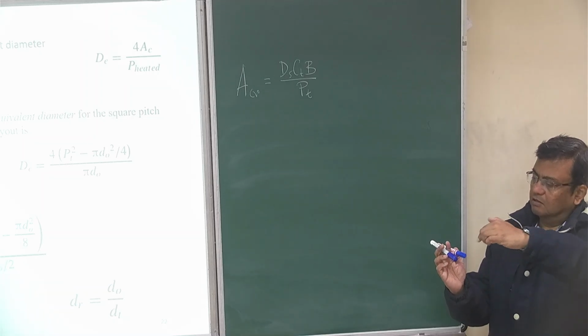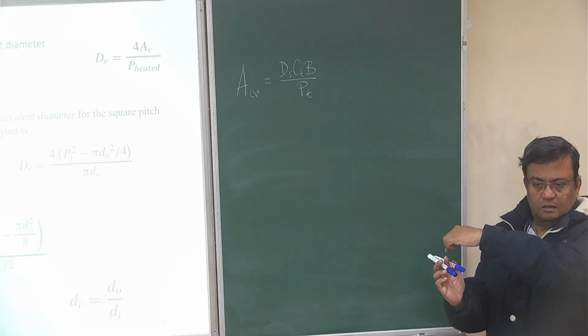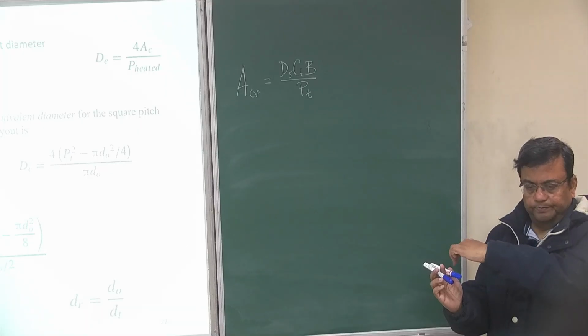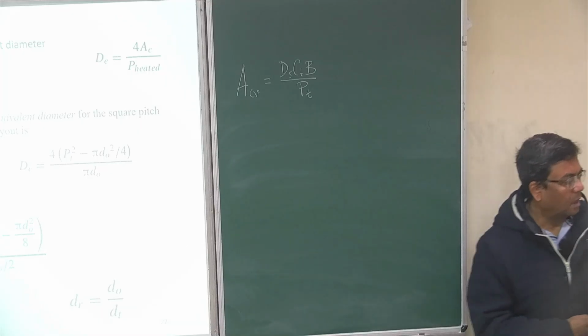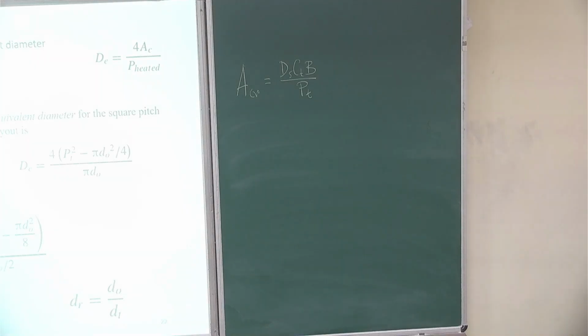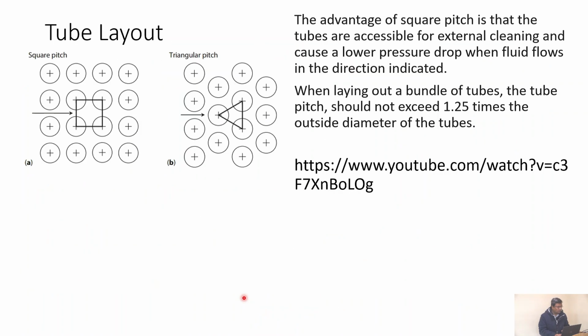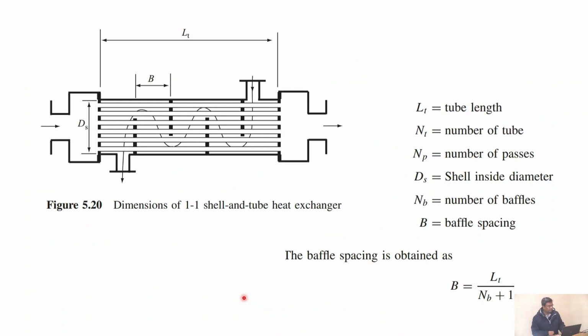But there is also another area which goes like this, because the shell fluid will flow like this, sometimes. And for that, we need DS CT B. Now keep these figures in your mind and go to this figure and then try to interpret this particular area.